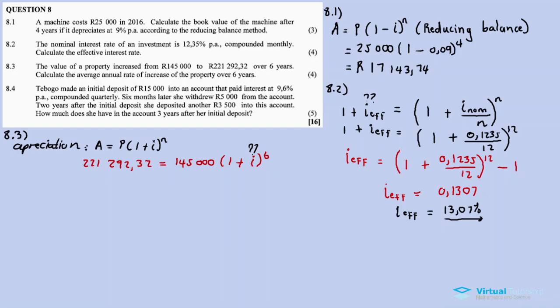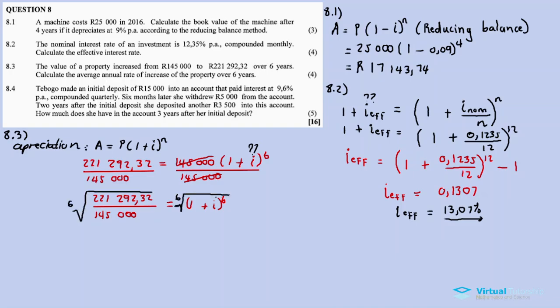Since ngifuna calculate i, I have to divide both sides by 145,000. So when I divide, I cancel these ones out, and then ngisala naloku again. Right, since ngifuna i and i ungaphakathi kwale bracket, ngiyothatha the 6th root on both sides of the equation, so that ngizokwazi ukucancela exponent 6.